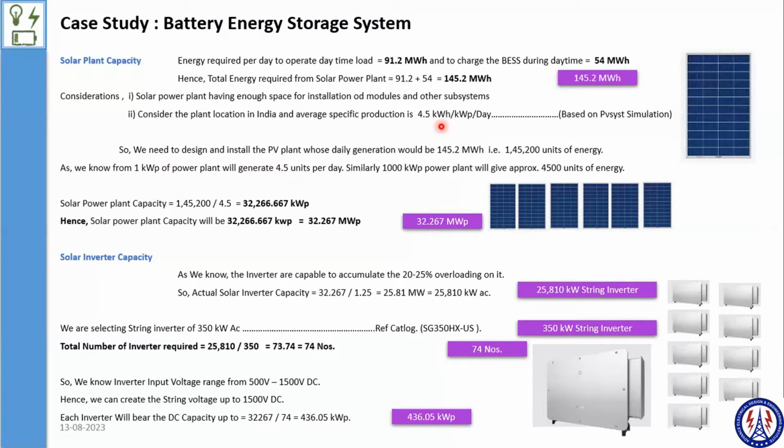So we will need 32 megawatt peak from the PV plant. My question for you is, in your areas, what is this specific production? For India, it is 4.5, roughly. In Egypt, I think it's from 6 to 7. 6 to 7, okay. So then your capacity would get reduced.